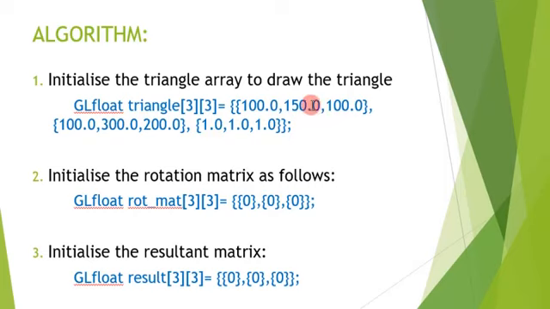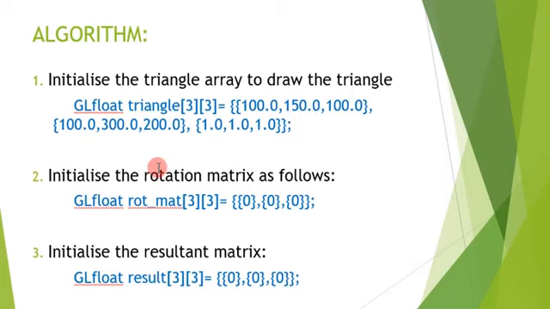So the x-axis of the first vertex is 100, and the y-axis also is 100, and the x-axis of the second vertex is 150, and the y-axis of the second vertex is 300. The x-axis of the third vertex is 100, and the y-axis of the third vertex is 200. And we are going to put 1.0, 1.0 and 1.0 for the outline.